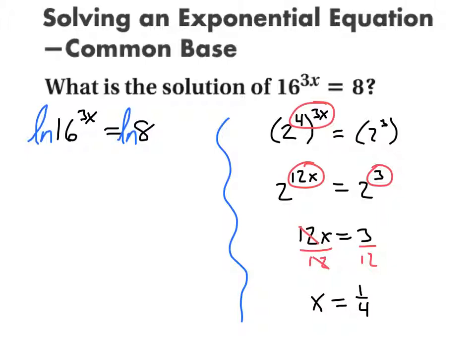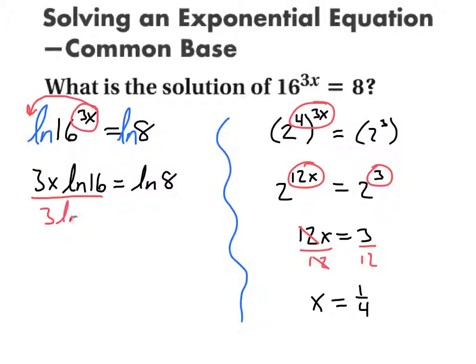So I took the natural log of both sides. Now that allows me to take that exponent and move it out in front of my logarithm. So 3x natural log of 16 equals the natural log of 8. Now I can solve for x by dividing both sides by 3 natural log 16.